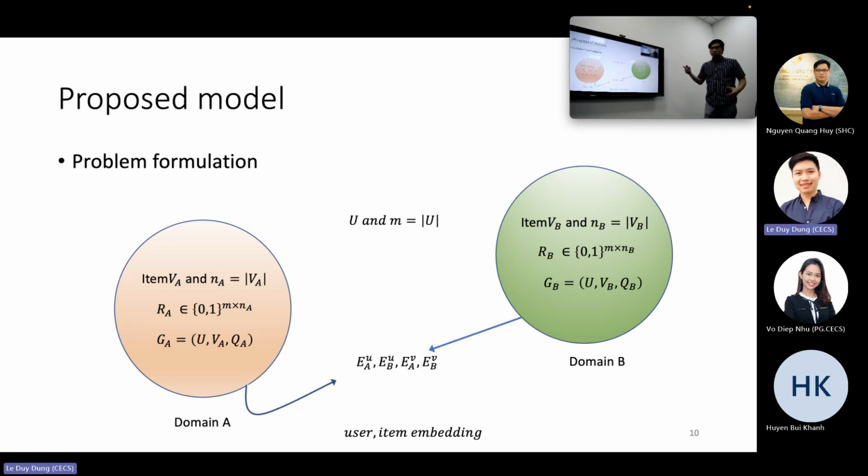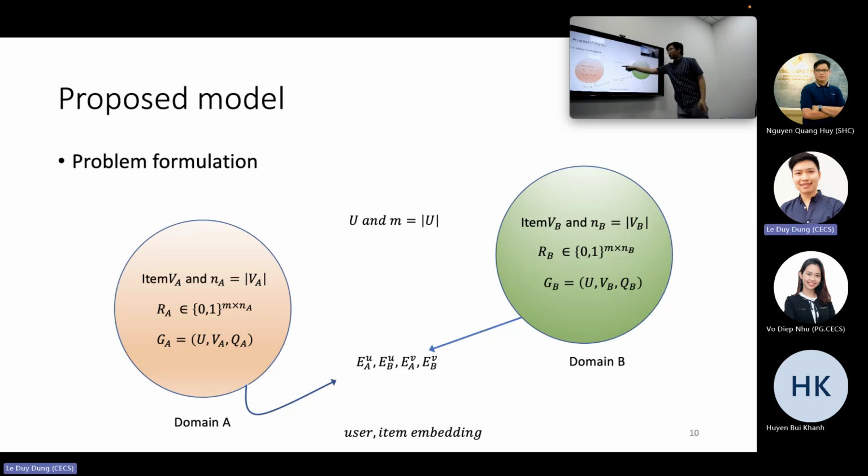Because in this method they use a graph to extract the embedded feature, they use GA to represent the graph function, and the input of the graph is user embedding.